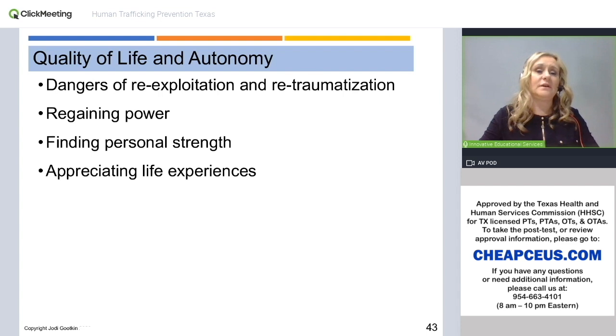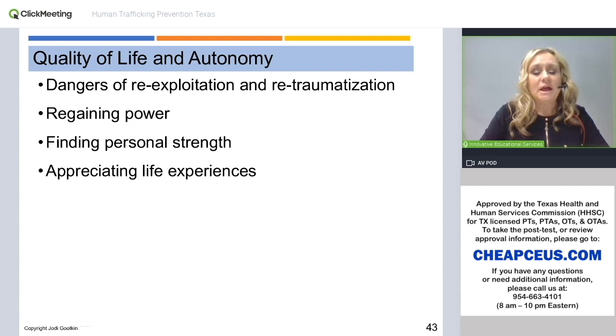Quality of life also needs to be considered, that as plans are developed to support individuals who are rebuilding their lives after they leave their trafficking situation, the dangers of re-exploitation and re-traumatization have to be addressed. Community resources play an important role in this process for them to rebuild their life so that they are not, again, vulnerable to another trafficker.